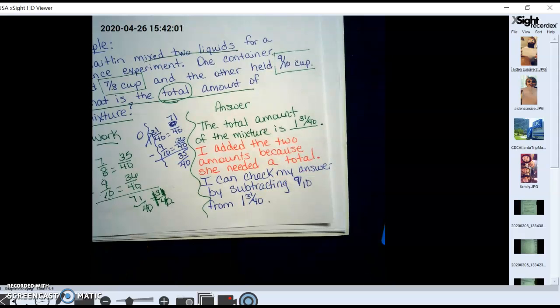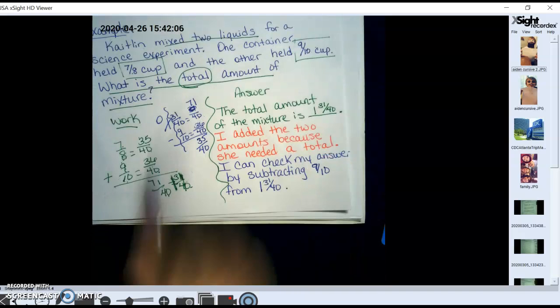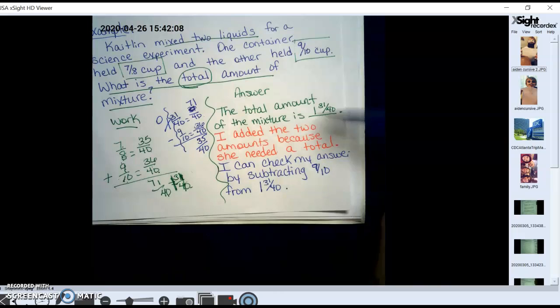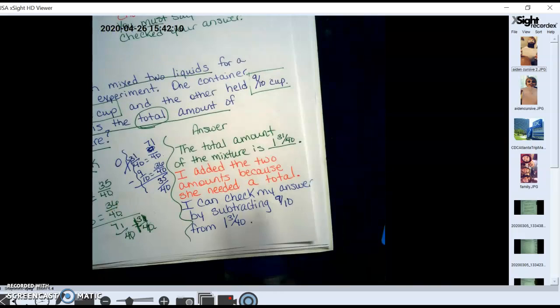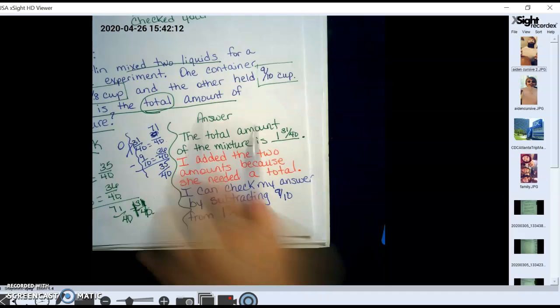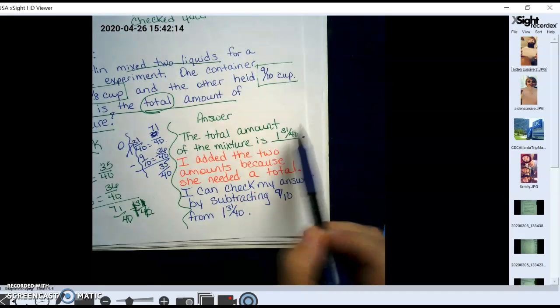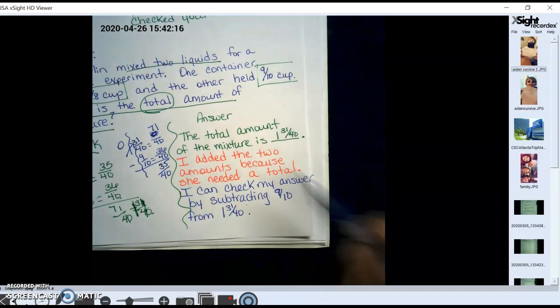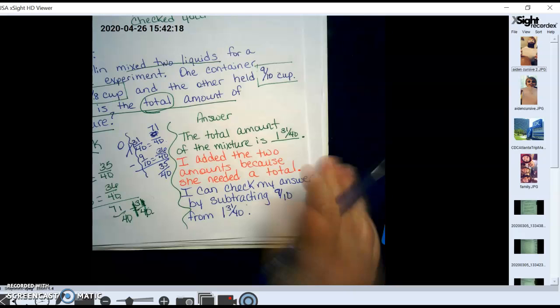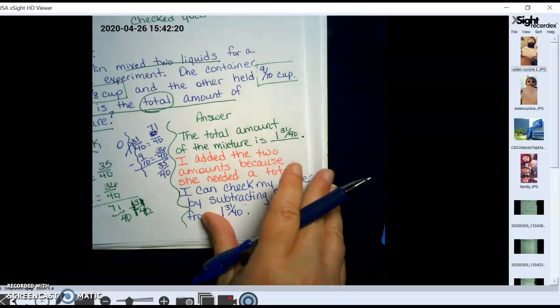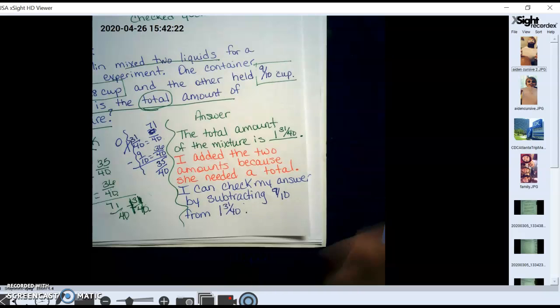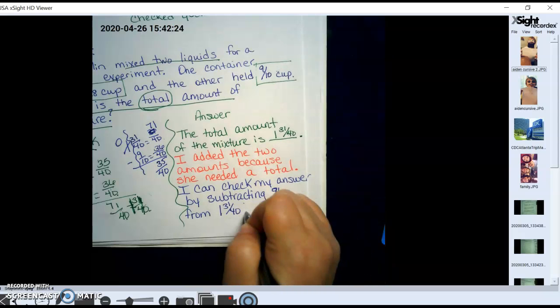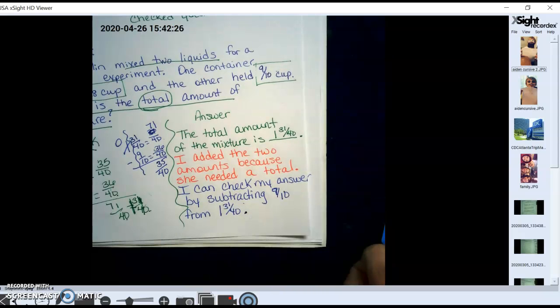All right, that's exactly what I expect in your answer. I don't need to see any of this work. I just need to have these 3 things. You need to tell me what operation you used, why you used it. You need to tell me what the answer is and how you could check your answer. And I would hope that you will check your answers, but at least tell me how you could check your answer to make sure that it's reasonable.